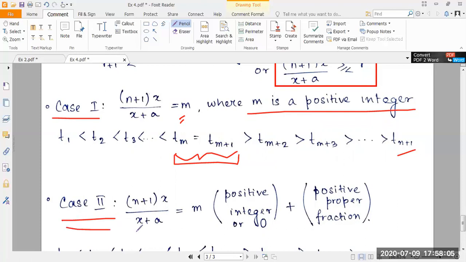Case 2 is where the threshold value cannot be achieved by r. So what happens is this (n plus 1) by (x plus a) is m plus some positive proper fraction. So the entire value becomes a positive improper fraction, but it still is a fraction. So r cannot achieve an improper fraction value.